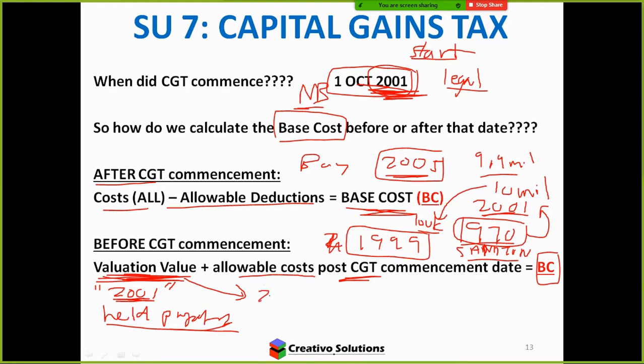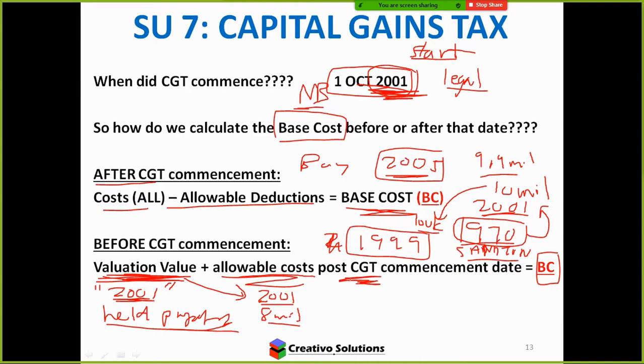We're going to use 2001's valuation date value. Maybe when you valued your property back then, it was worth 8 million, and that's what they're going to use as the valuation value. They will also include any allowable costs post CGT commencement date, if there are any applicable costs. Make sense? Yes.